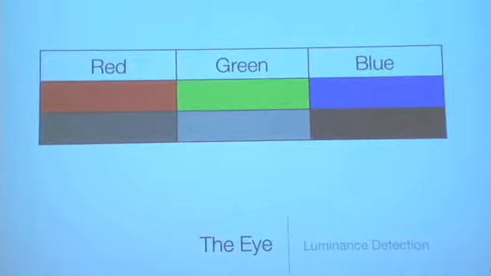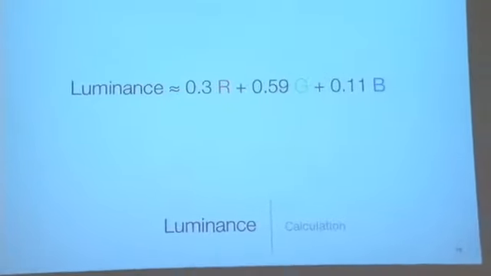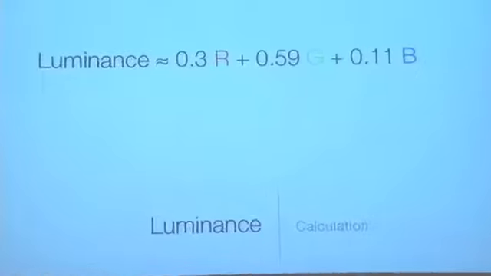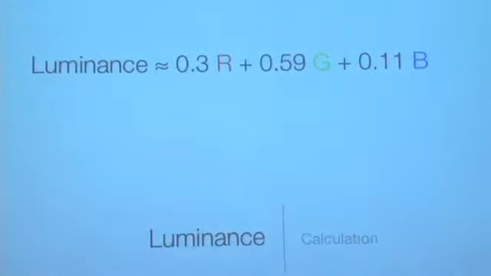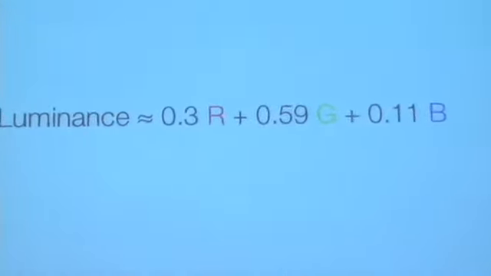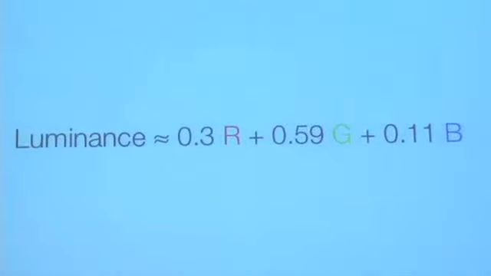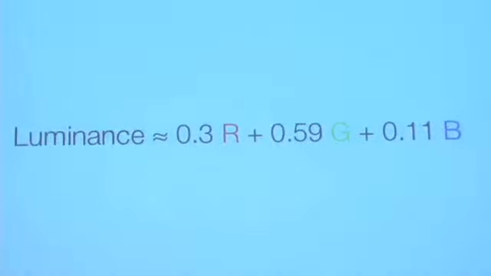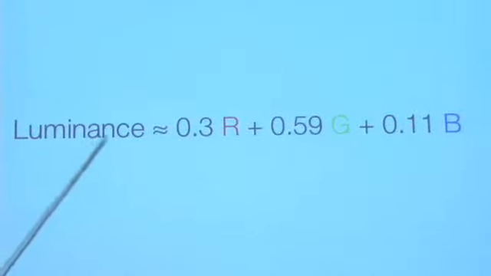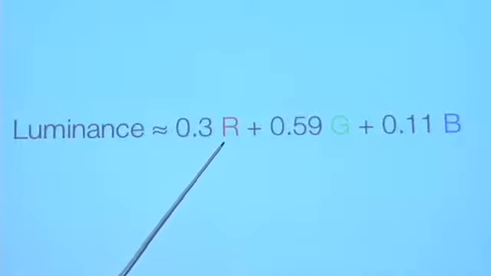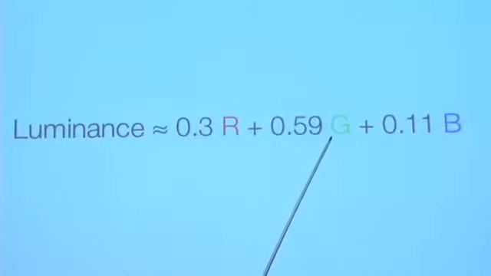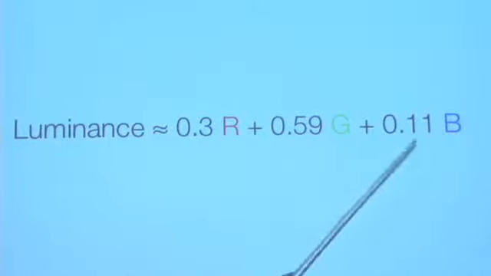And we can actually quantify this into an equation. And in fact, that is what we do when we're talking about luminance. It's funny because there are more equations here, but this is important to us when we are calculating a luminance histogram. So a luminance value is made up of 30% red, about 60% green, and about 10% blue.